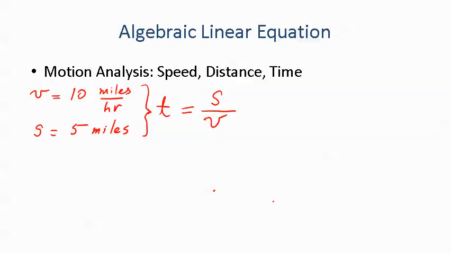So if we substitute in here the values, we have for the distance traveled 5 miles, and for the speed we have 10 miles per hour.